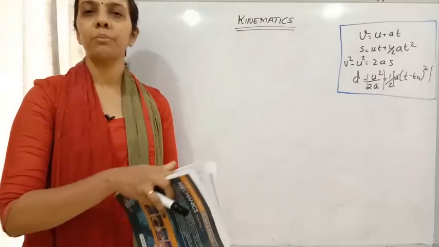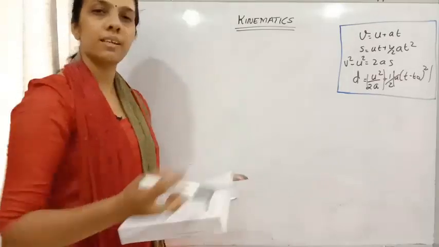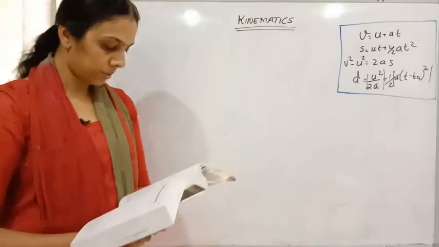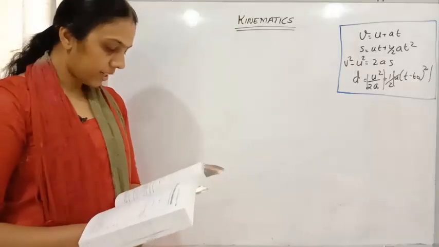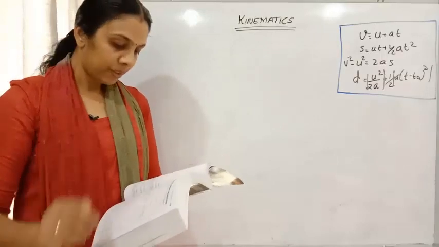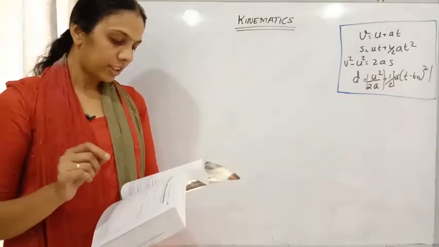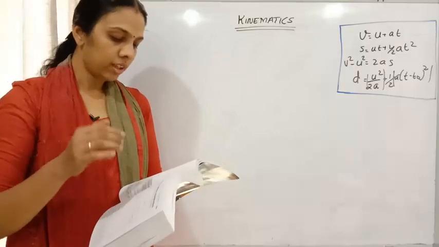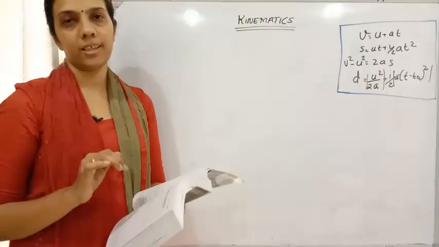Today we are going to do some numericals related to all these equations. The first one: a particle is projected vertically upwards. What is the value of acceleration during the upward journey, the downward journey and at its highest point?